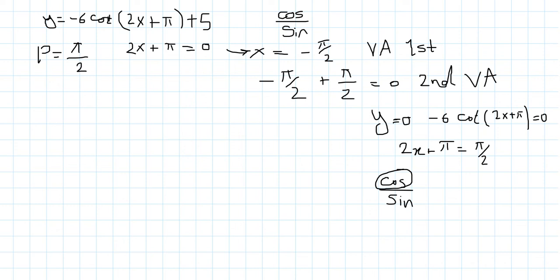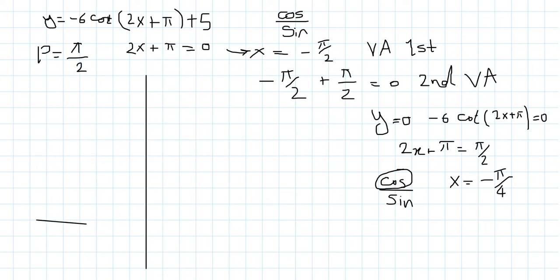Cosine is 0 in the pi over 2 family. So now x equals minus pi over 4. I have an intersection with the x-axis, but I should have the new x-axis, because I have a shift on the x-axis of 5.